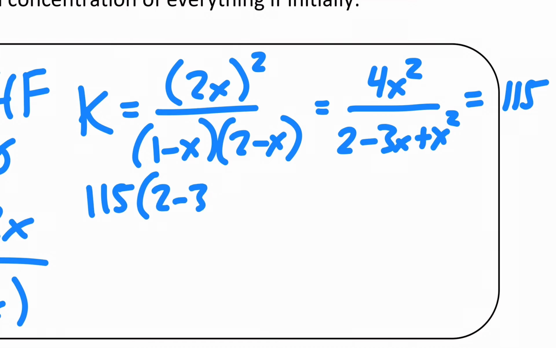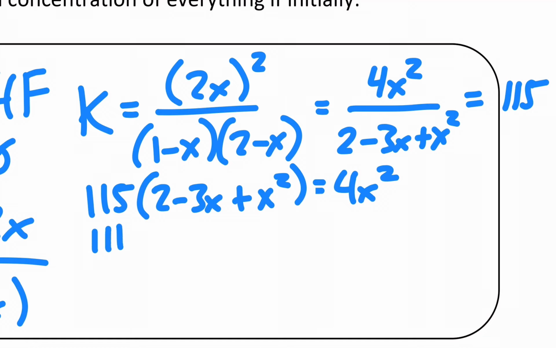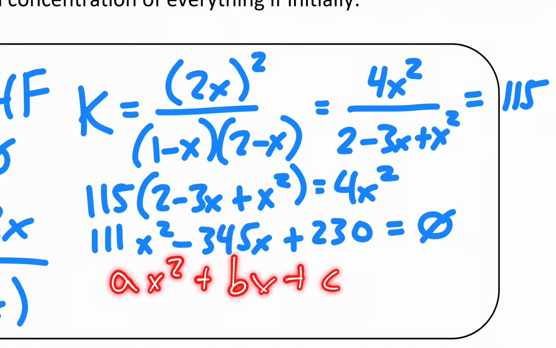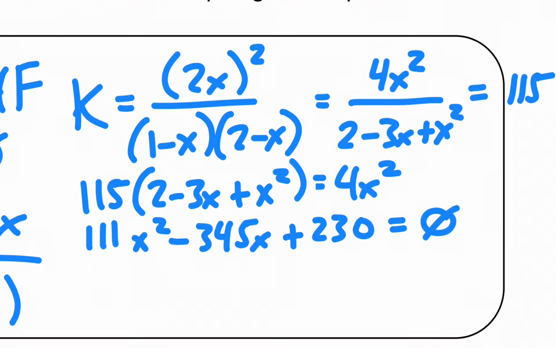115 times 2 minus 3x plus x squared is equal to 4x squared. Let's distribute and combine like terms, which really just means combining the x squareds, and set it equal to 0. When I do that, I get 111x squared minus 345x plus 230 when I write it as an ax squared plus bx plus c equal to 0 expression, your classic quadratic.